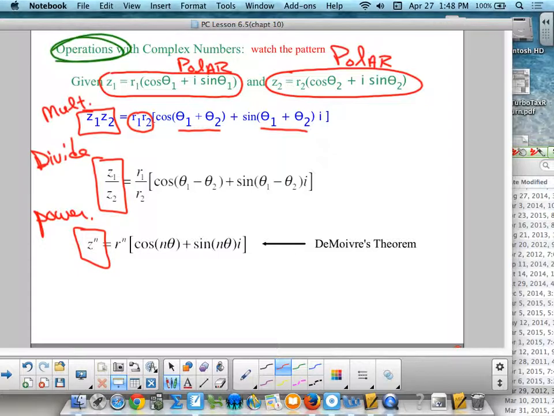When you divide the two radii, subtract the angles. Now, when you raise it to a power, you take the radius and raise it to the same power of the complex number. And then you take it times cosine of your angle times whatever power you raised it to. If I raise it to the fourth power, that will be 4 theta. This will be 4 theta again if it's to the fourth power.